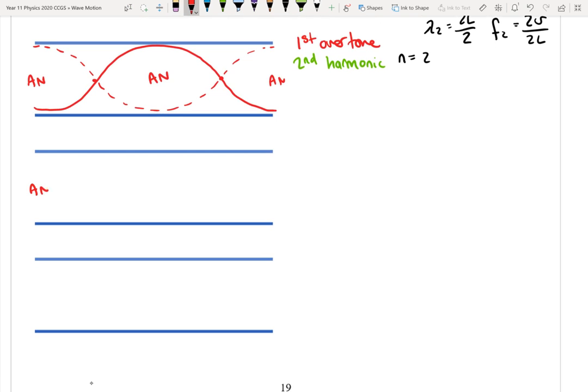We need an antinode here, an antinode there, and now we need two antinodes equally spaced. So we're going to have 3 nodes right now. So now we're going to draw 3.5 wavelengths.